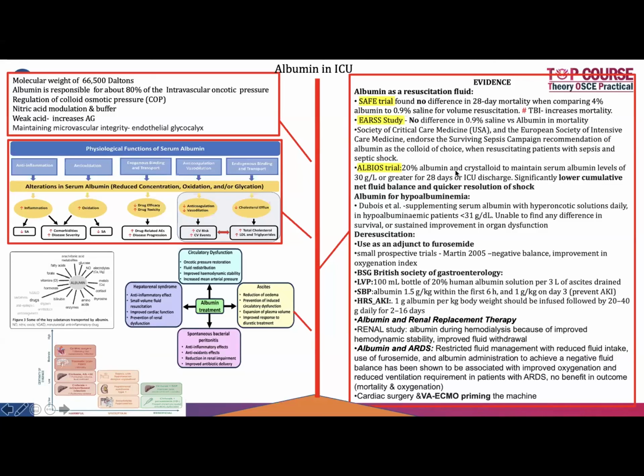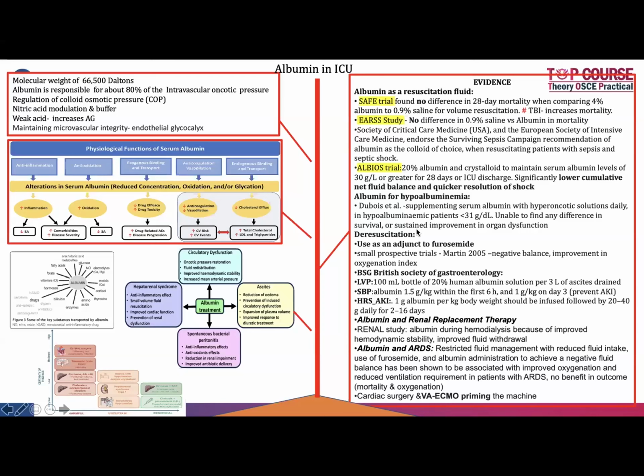So there is some benefit in albumin: when we maintain a certain serum level, that will result in lesser fluid overload and quicker resolution of shock. This is as per the ALBIOS trial.